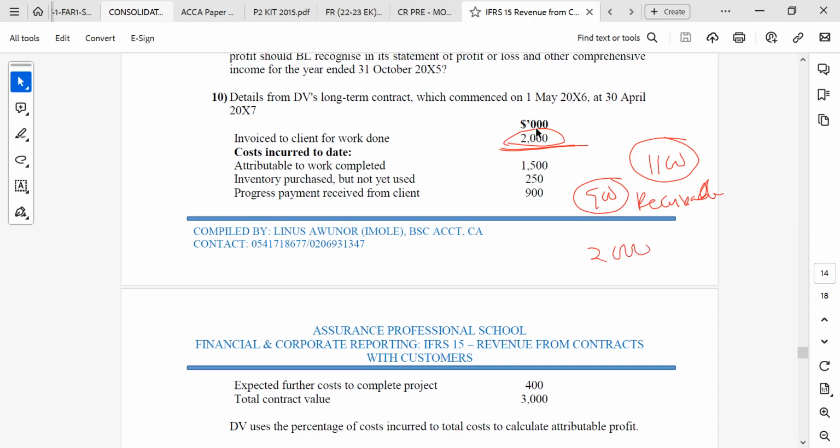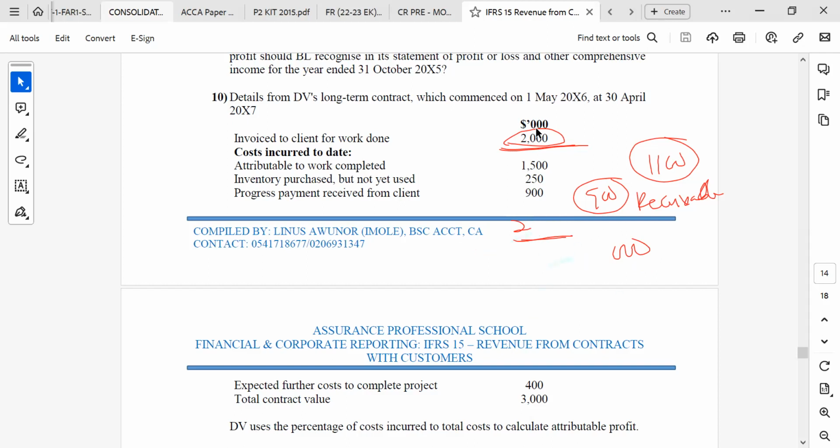Will be 2,000 because the selling price is 3,000. We have asked you to pay 2,000, but you have paid only 1,000. It means that you are owing us 2,000 based on the selling price. But we are just asking you to pay 2,000 out of this one. But if you pay 1,000, they will be recognizing 1,000 as receivables. So you have to know the difference between them.